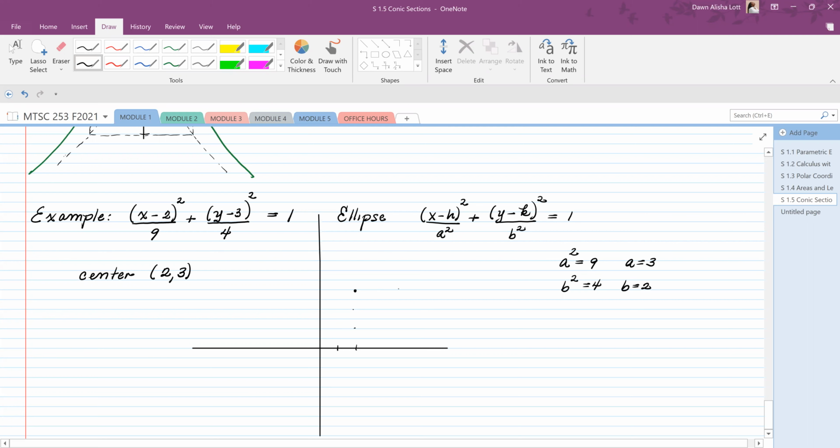So 1, 2, 3, and then 1, 2, 3. So right here, that's my one vertex and my other vertex. And then B is 2, so I need to go up 2 and down 2. And so here is my ellipse.